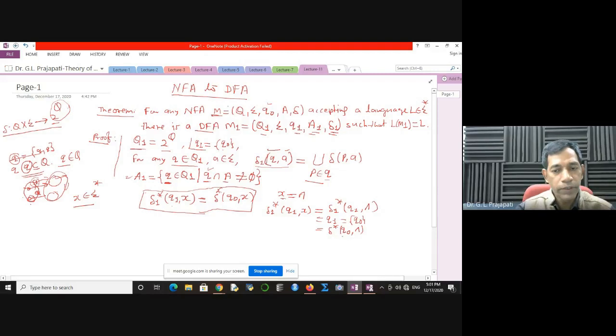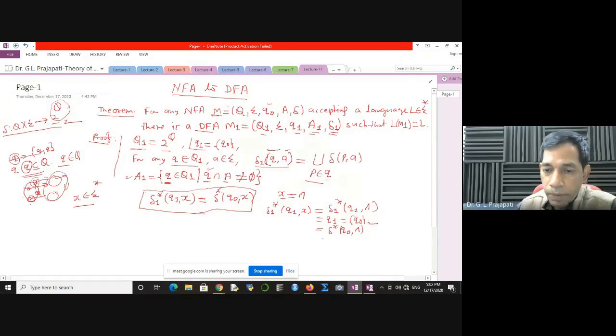By the definition of delta star in case of the NFA, if you are in some state and you get the null string, you remain in the same state, but you have to write it in the form of a subset, because in case of the NFA the output is some subset of Q. So the output is Q0, written as the subset {Q0}.